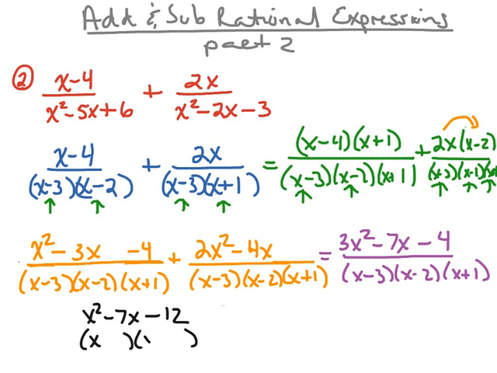So let's see if we can find some factors of negative 12 that are also going to add up to a negative 7. Well, let's see here. We know that negative 2 times 6 would give me a negative 12. Of course, that wouldn't add up to a negative 7. We also got negative 3 and 4. However, that won't add up to a negative 7.